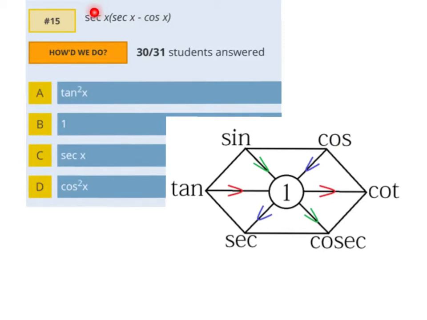What do you do with a number outside a set of parentheses? One thing you can do is distribute it, multiply it by both of those. Let's try that. So if you multiply secant times secant, that's secant squared, and then we'll bring my minus sign over. Secant times cosine. What do secant and cosine multiply to be? The one in the middle. So that would be 1.